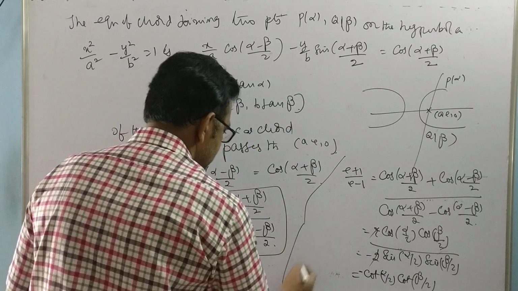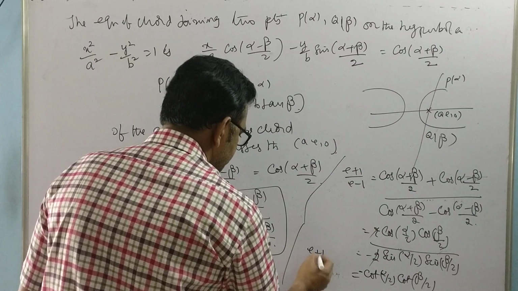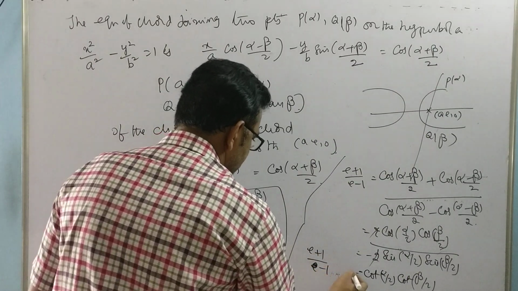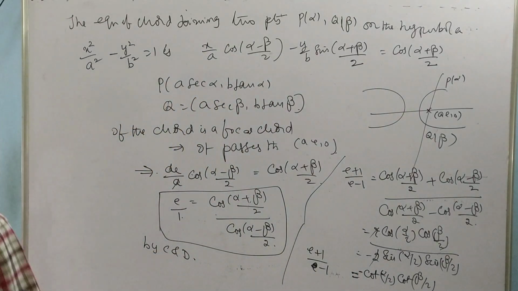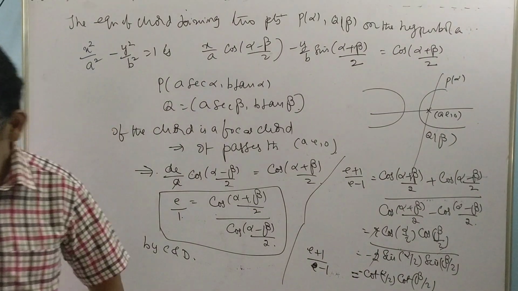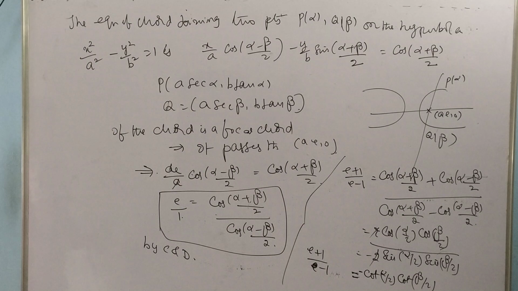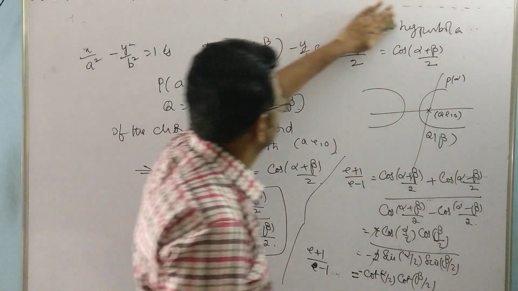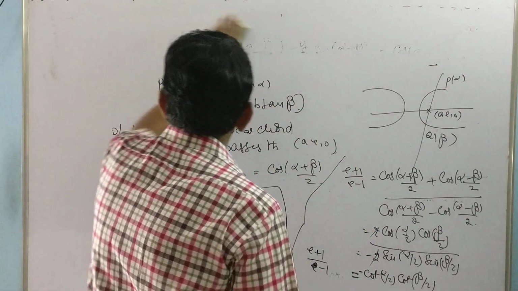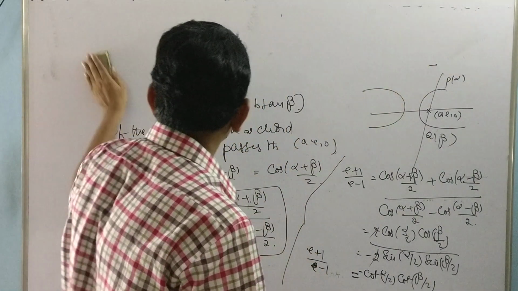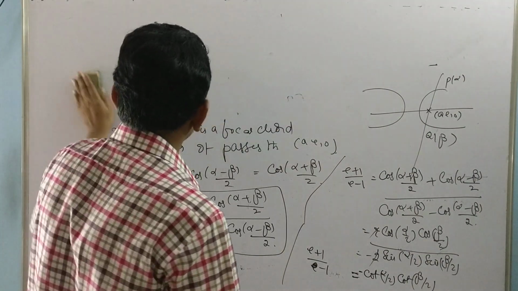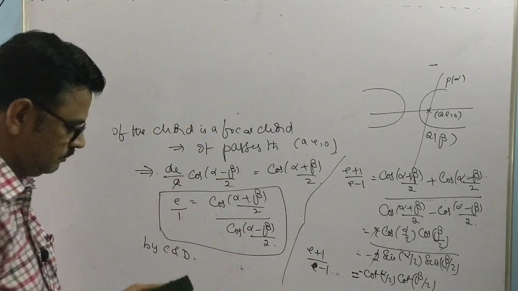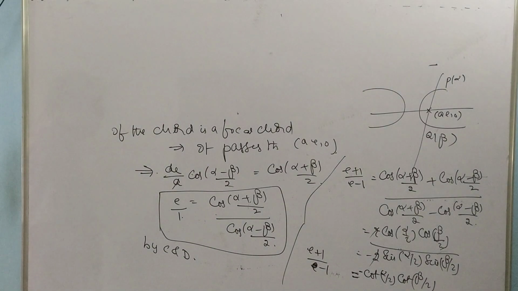So this is E plus 1 by E minus 1 is equal to that.